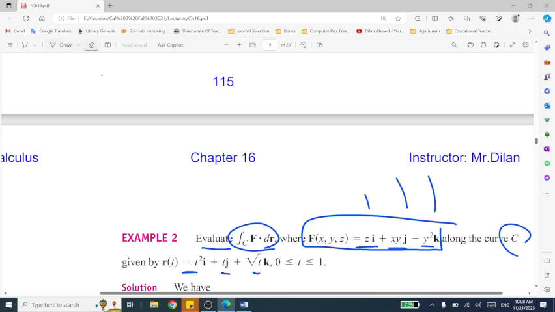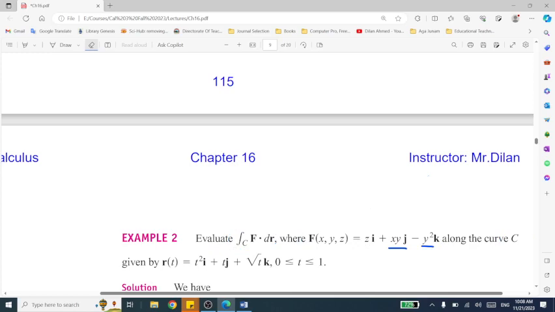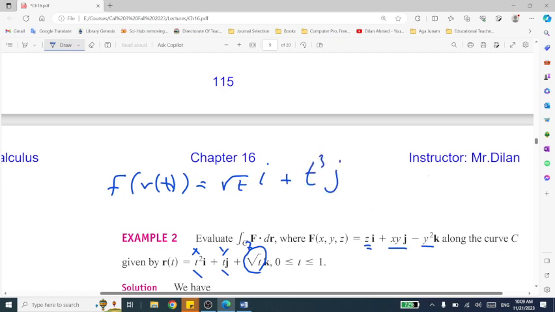Based on the information that I gave you, you are going to change F. First of all, you need F(r(t)), which means that instead of x, y, z, I am going to put i plus x multiplied by y, t to power 3 j minus y square.